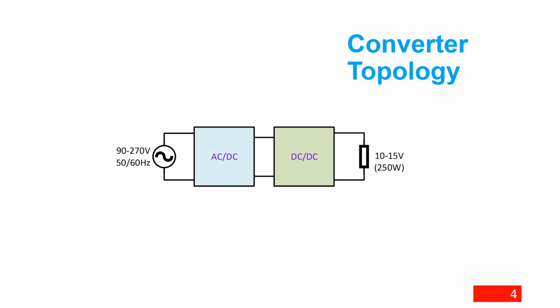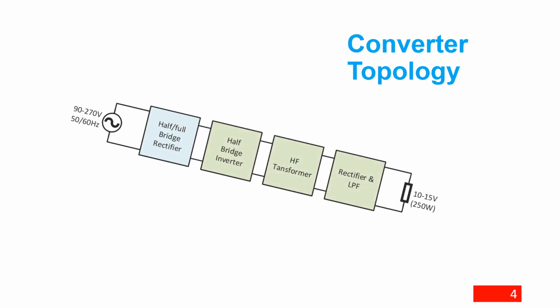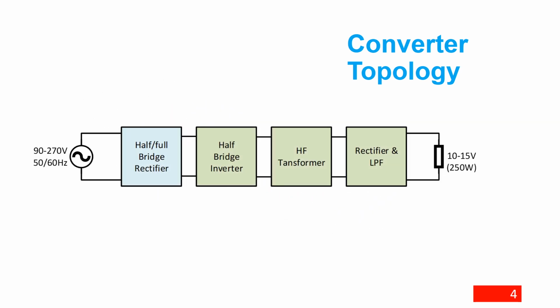The switch mode power supply is composed of two sections, an AC to DC section followed by a DC to regulated DC section. To obtain isolation, a high frequency transformer is used, which necessitates the addition of inversion and rectification stages.